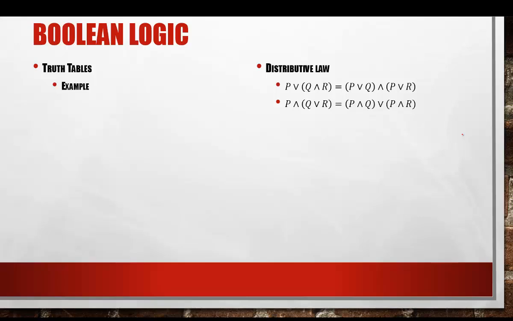When we work with Boolean logic and Boolean values, most of the time it would be helpful, especially when you have a small number of operands that you're dealing with, to use truth tables. It simplifies our way of understanding what's going on with our operations.